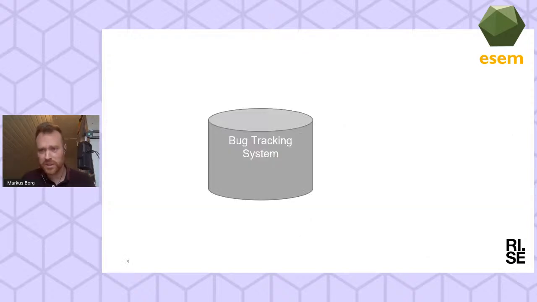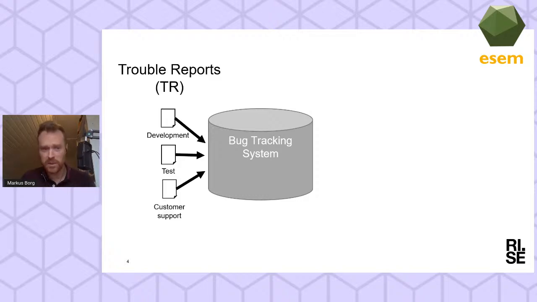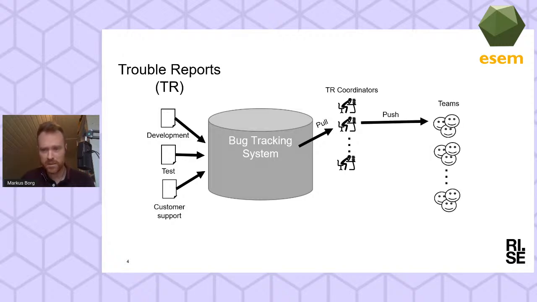A quick illustration of the tool. There is this bug tracking system, and the bug reports within Ericsson are called trouble reports, and they originate in different parts of the organization. In the standard way of working, TR coordinators, humans, pull reports from the bug tracking system and then assign them, push them to development teams.